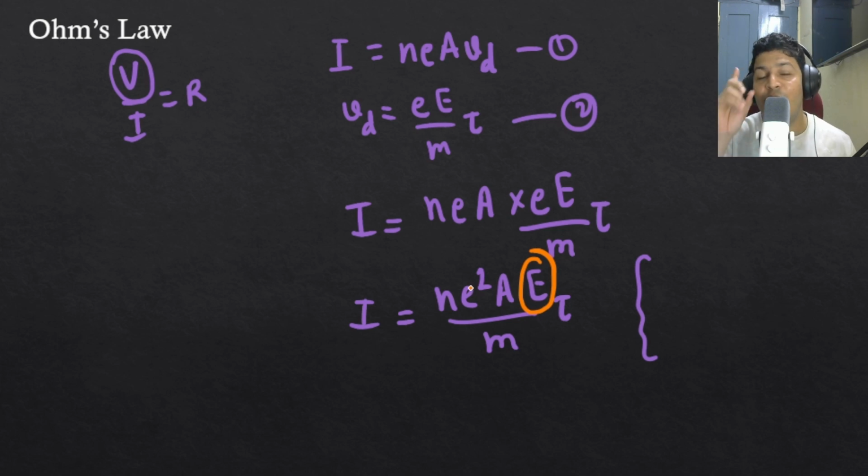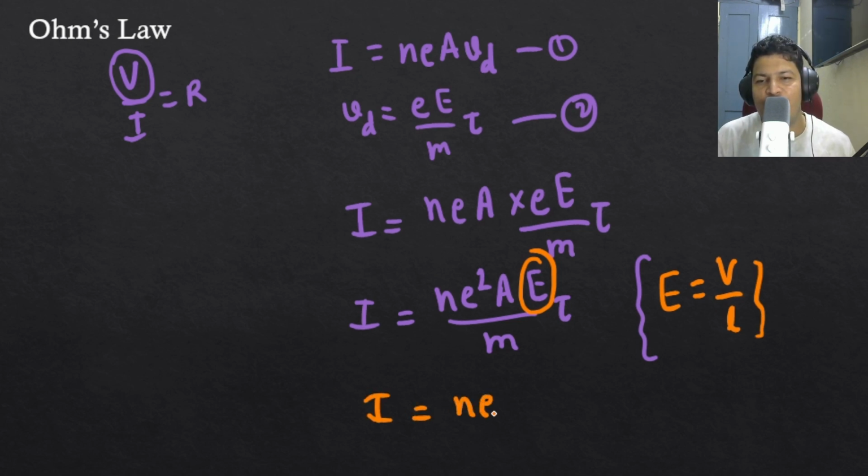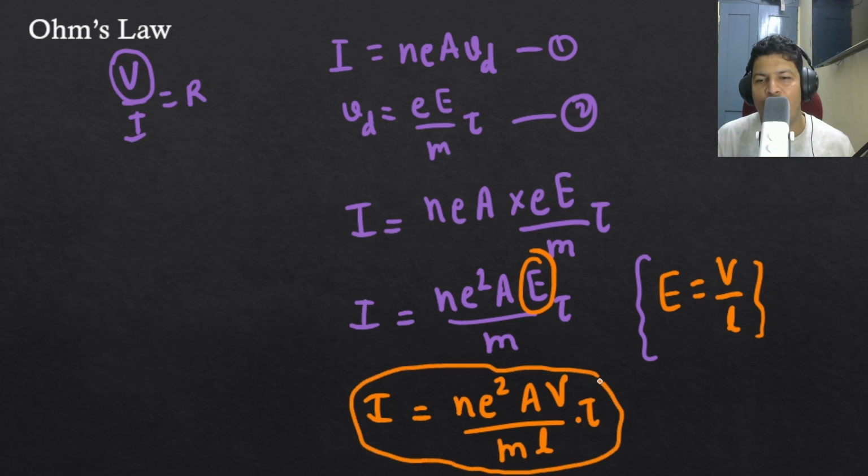So you need to think, is there any relation between electric field and potential difference? Yes, we have this E = V by L equation. So use that equation. The new equation will be I equal to NE square A into V upon m L into tau. Now I just want to write this equation in the form of V and I, so that I can compare and directly write the values.